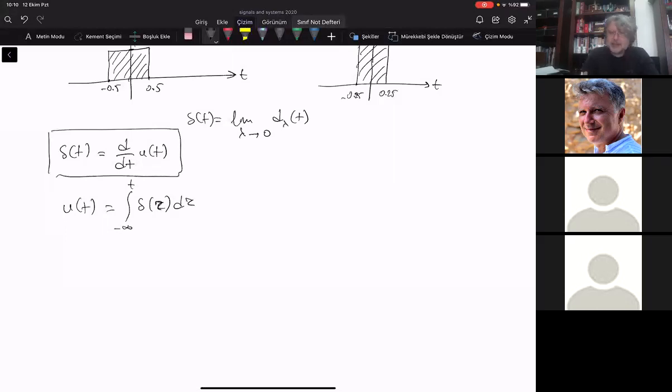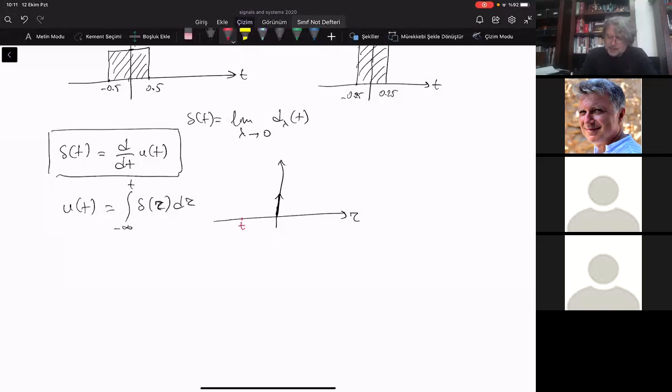So I'm integrating the delta function through the time index up to a t. And how does it behave? Let's analyze. The impulse is here, and this is the tau axis, and I'm integrating along t. Let's first give a t which is less than 0. Let's say that this is t.